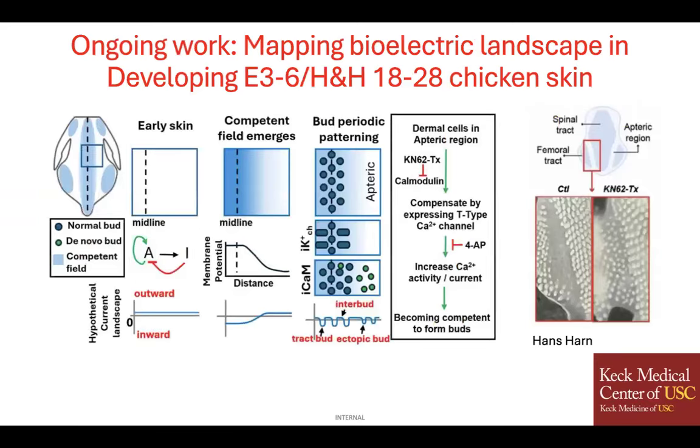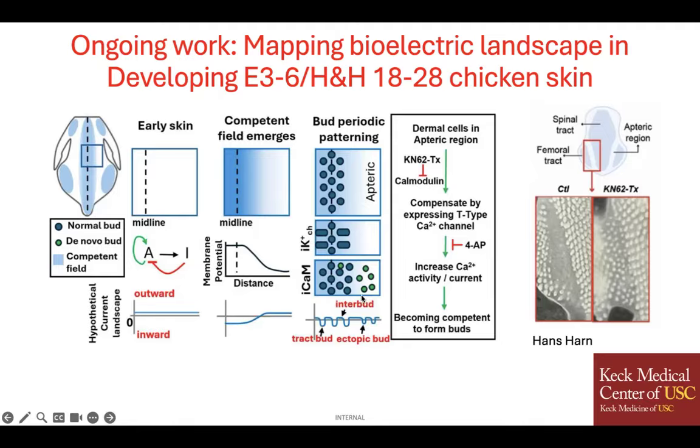The other thing we're working on, as I said, is looking at the currents that flow at the buds and around them at early stages, when there's not, properly speaking, a real feather bud yet.